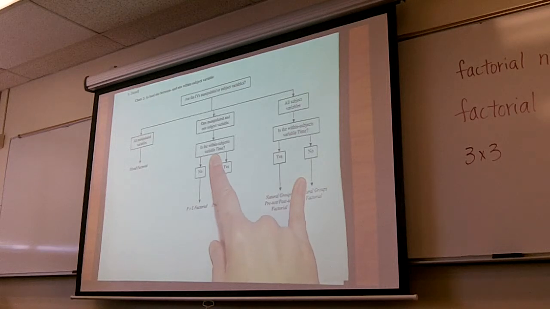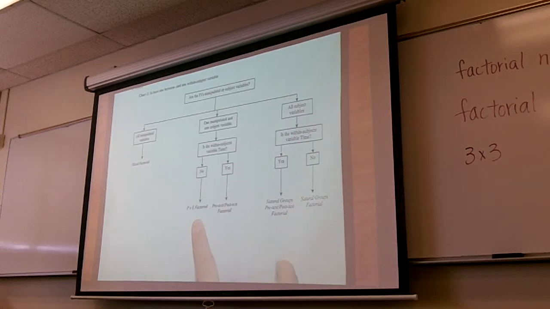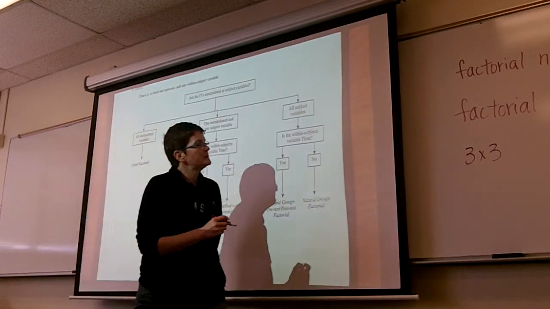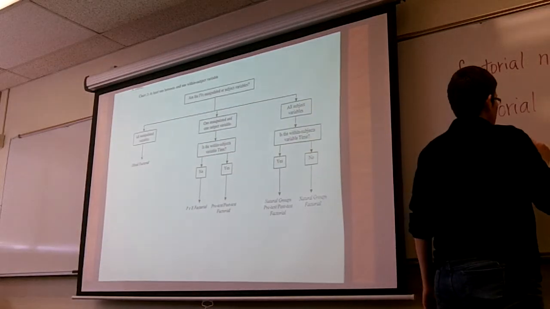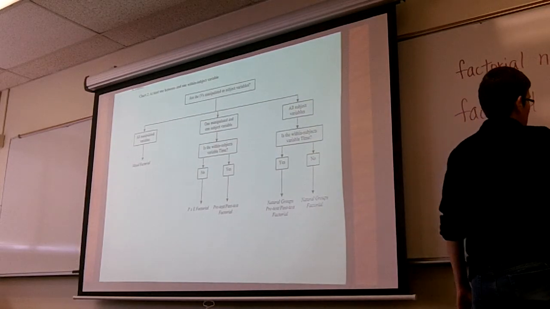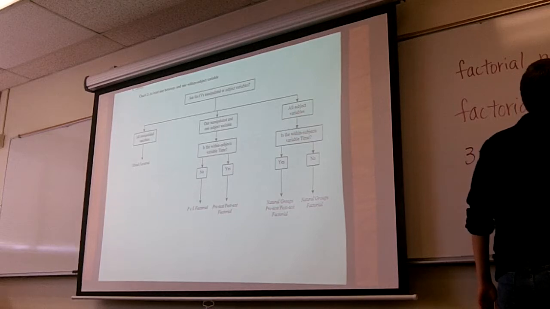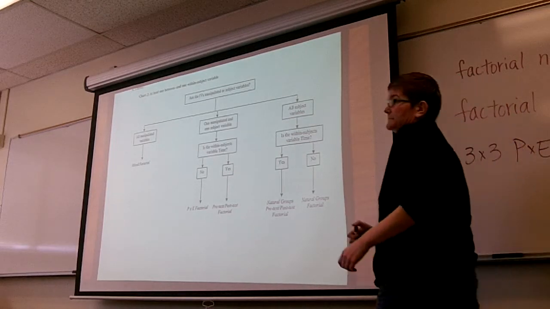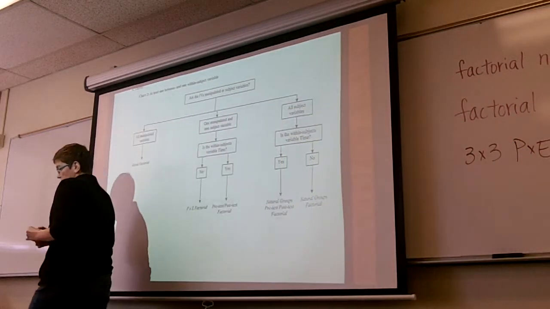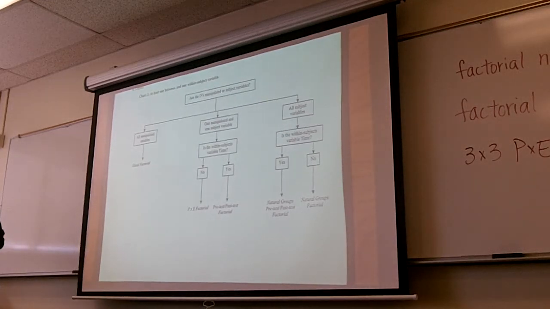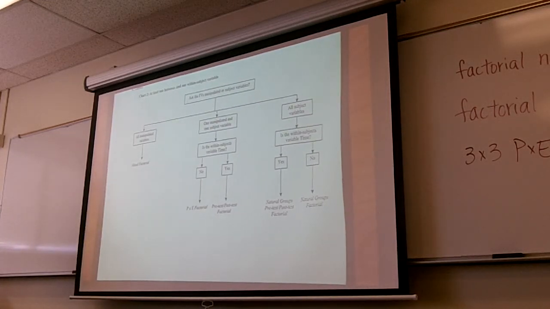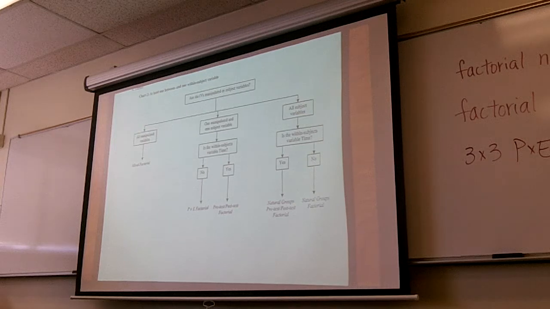Food, right? So it's not time, so we have a P&E factorial. Okay? A 3 by 3 P&E factorial design. Make sense? Notation, design type. Both parts of information.